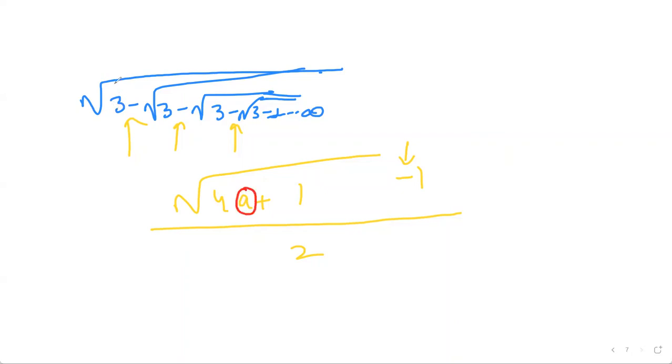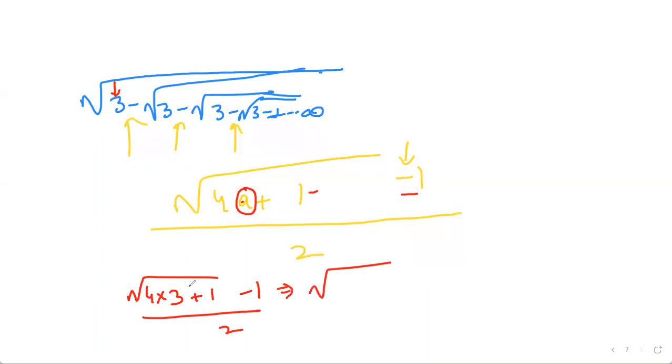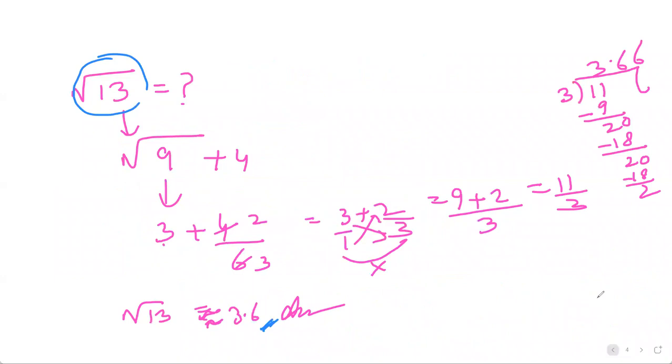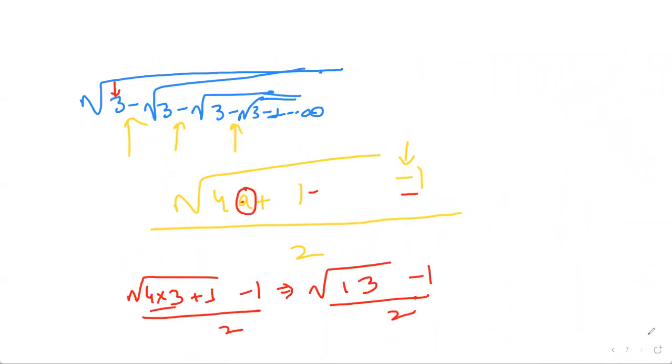Here, the value of A is 3. Root of 4, in place of A we can write 3, plus 1 as it is, minus 1 as it is, upon 2. 4 threes are 12. 12 plus 1 is 13. Root 13 minus 1 upon 2. We have already calculated that root 13 is approximately 3.6.